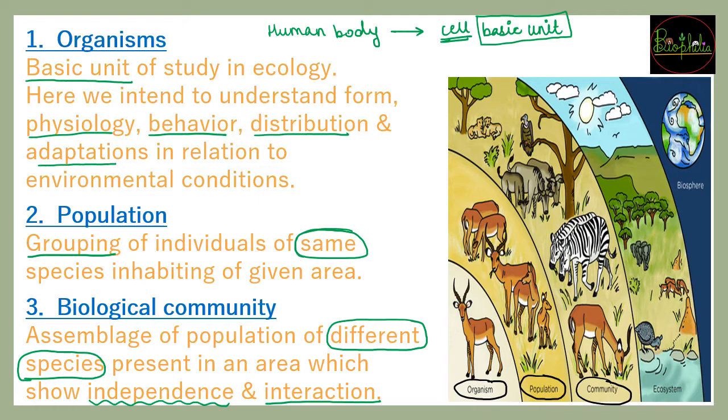So जैसे यहाँ पे vultures है, यहाँ पे dogs है, there can be wolves, there can be tigers, elephants, many different types of animals are going to live in that area. वो एक दूसरे से interact करेंगे, जैसे deer और lion के बीच में there is going to be a prey and predator relationship. All that things, that interactions are going to be in the biological community जहाँ पे different species होते हैं. And once all these is understood, you move to a new topic which will be discussed.